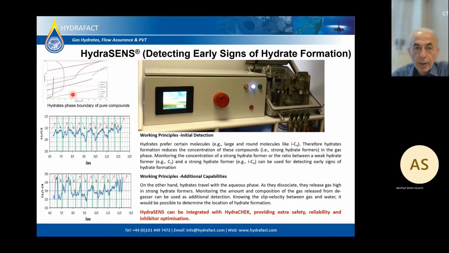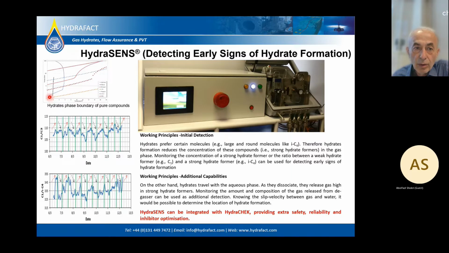As you see in this figure, this figure shows the pressure and temperature of hydrate formation for different pure gases. The bottom one is H2S. H2S has a lot of tendency to form hydrate.